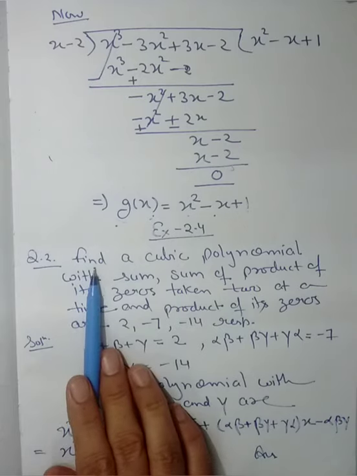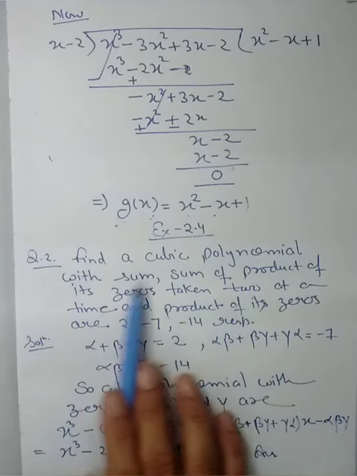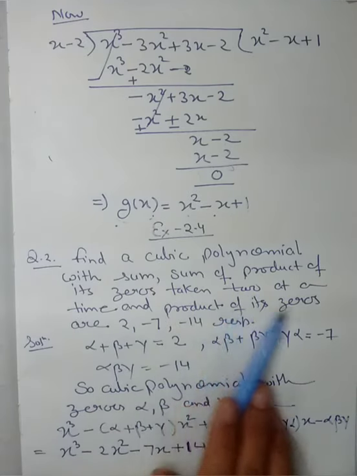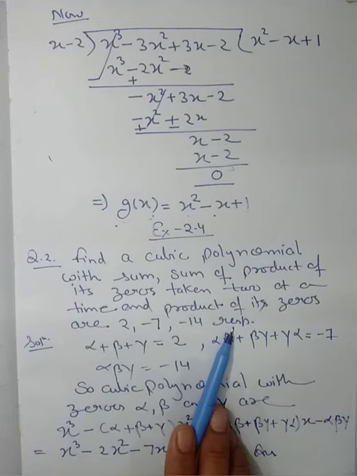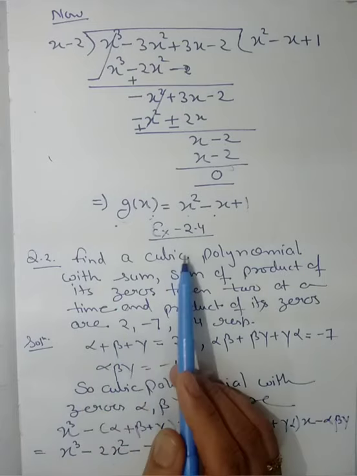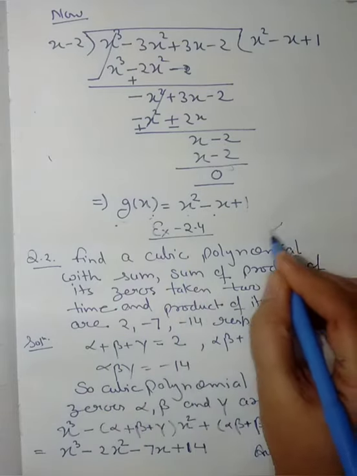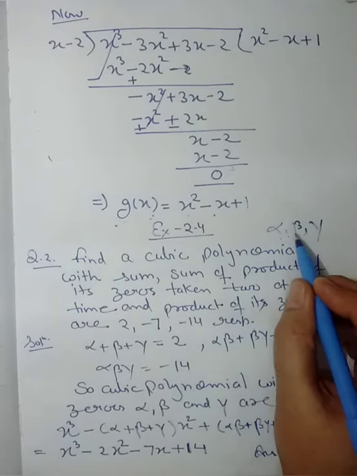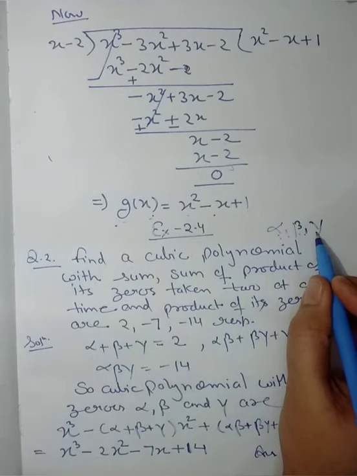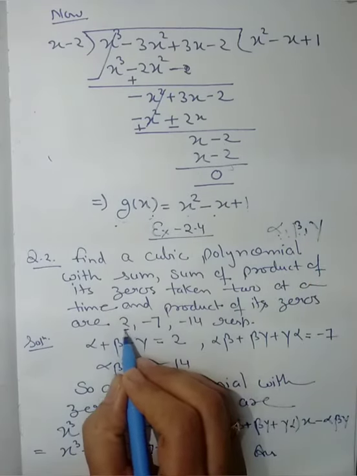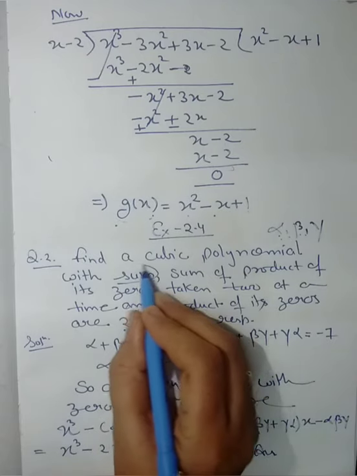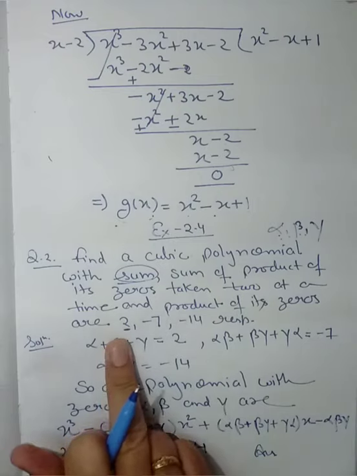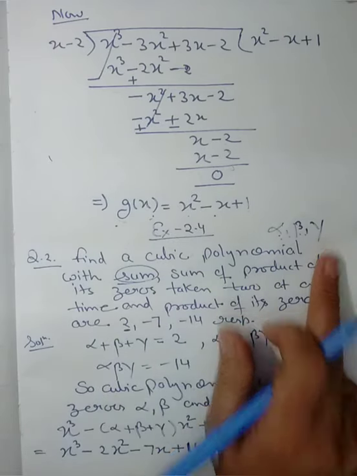One more question of exercise 2.4, question 2. You have to find a cubic polynomial with the sum of zeros, sum of product of its zeros taken 2 at a time, and product of its zeros given. As this is a cubic polynomial, there will be 3 zeros, alpha, beta, gamma. Sum of 3 zeros means alpha plus beta plus gamma, and here the sum is given as 2.